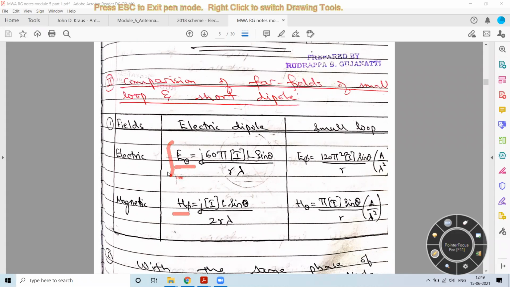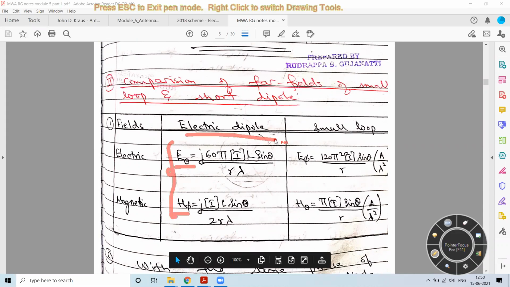Based on that orientation, for the short dipole or the Hertzian dipole we have E theta and H phi components. E theta is given by j times 60 pi into retarded current into length of the dipole into sine theta divided by r lambda, and the H phi component is given by j into retarded current into length of the dipole into sine theta divided by 2 times r lambda.